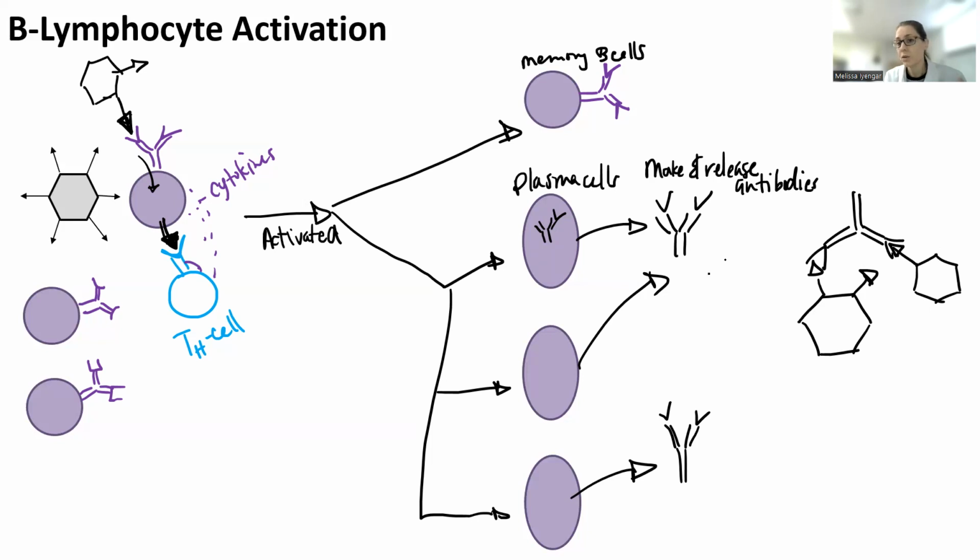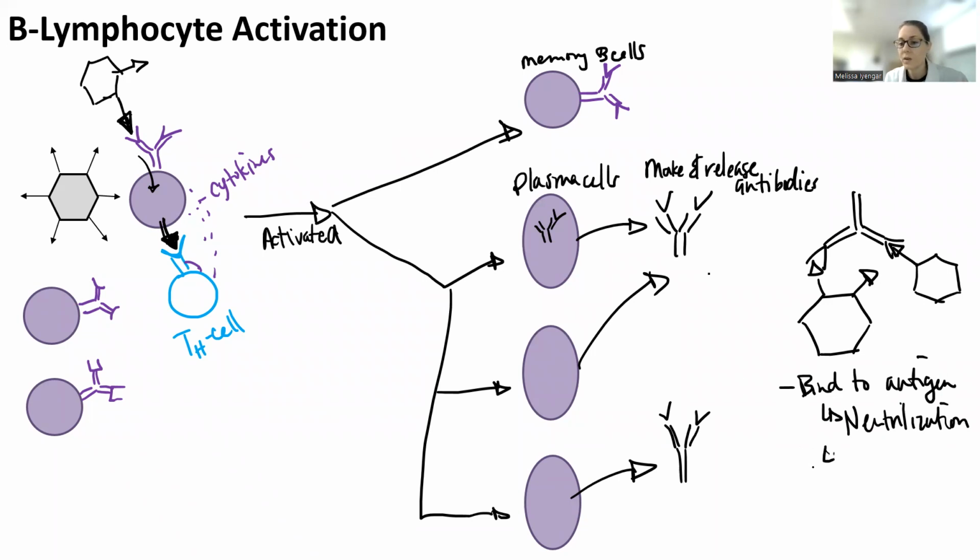And antibodies have multiple responses. Mostly what they do is they're going to bind to the antigen. And they're going to cause things like neutralization. They cause agglutination, precipitation, but it's all kind of neutralization, okay?